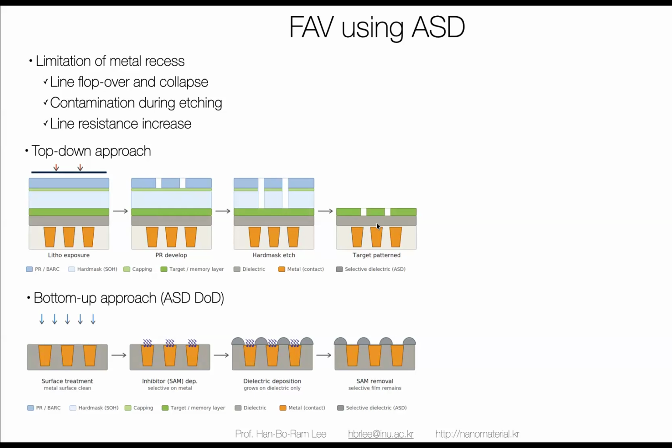But if you have selective growth, they call it DOD, dielectric on dielectric. So you have the copper and an ILD, and then you have the surface monomer or any inhibitor, and then make an additional growth on the dielectric. So you can have more space between this Vx and the next Vx.